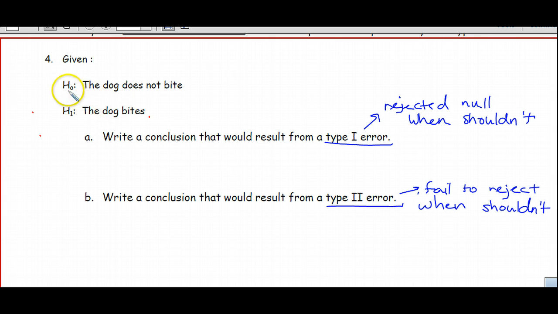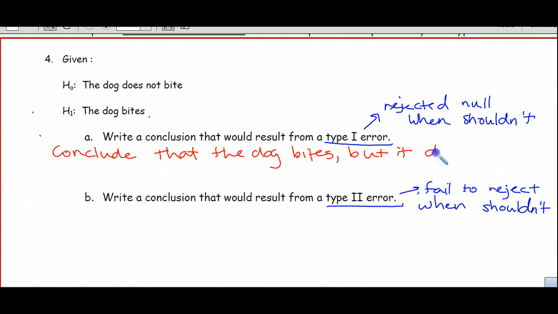So type 1, I'm covering up that first one. I conclude that the dog bites, but it doesn't.